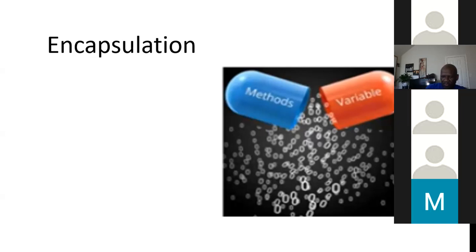That is the same concept we have with object-oriented programming encapsulation. You hide your methods and variables inside a shell for protection and access only when needed, and restriction when not needed, or when you don't want people to accidentally change your code or variables and methods, then you encapsulate them.